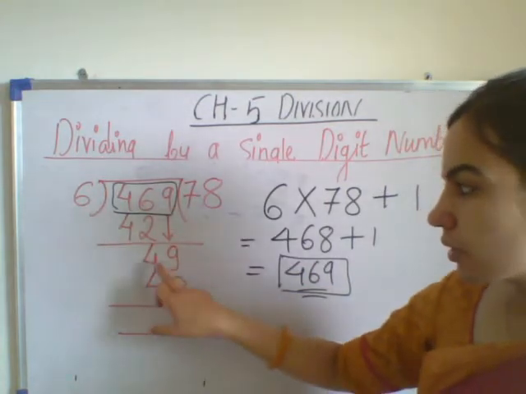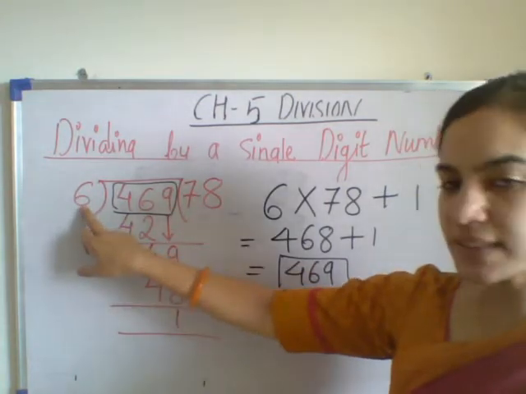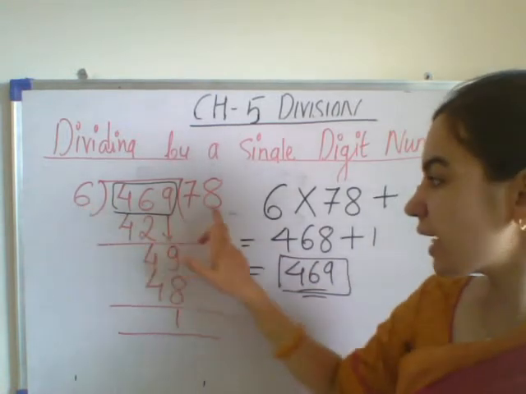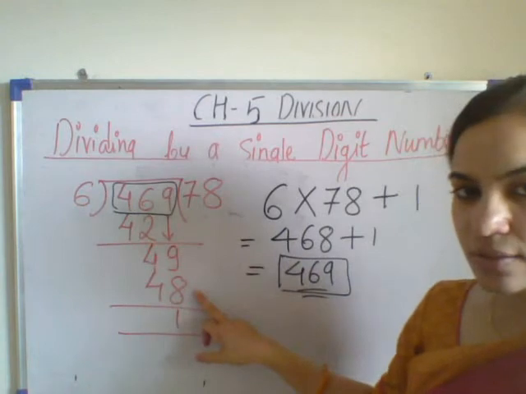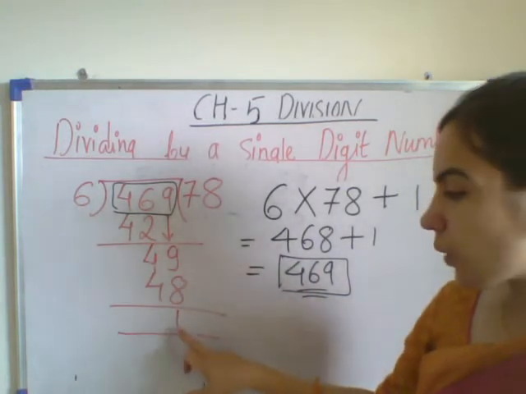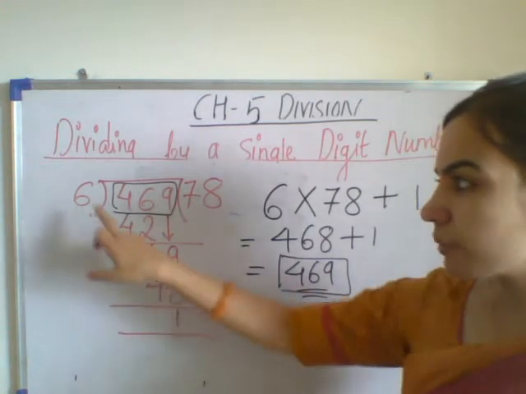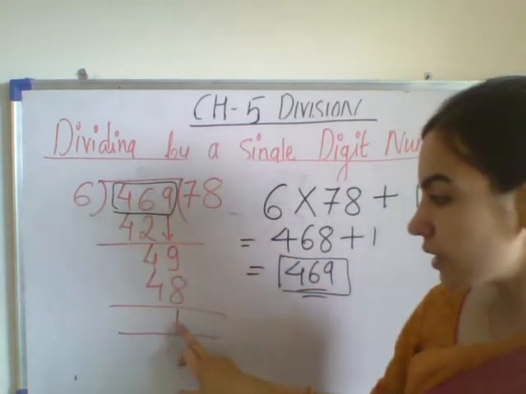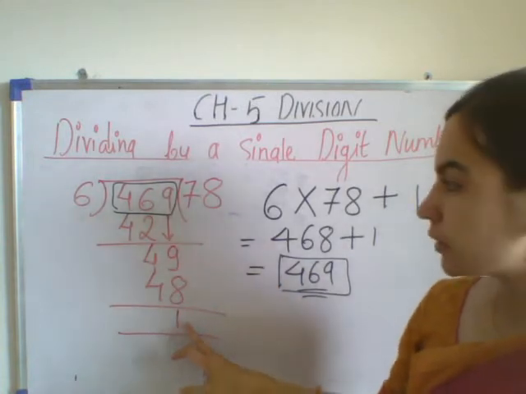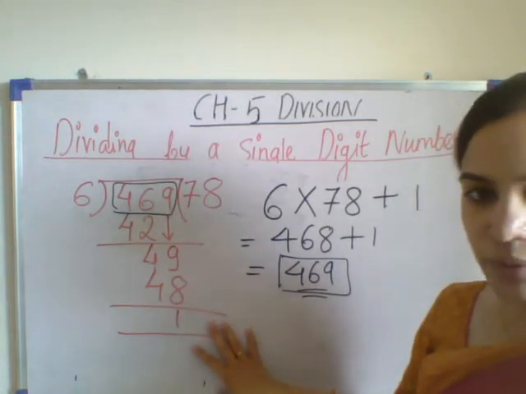Now 49 divided by 6. So you have to recall the table of 6. 6 8s are 48. 9 minus 8 is 1. Now here 1 is left. This 1 cannot be divided by 6 as it is smaller and we cannot carry any other number. So our division we can do up to here only.